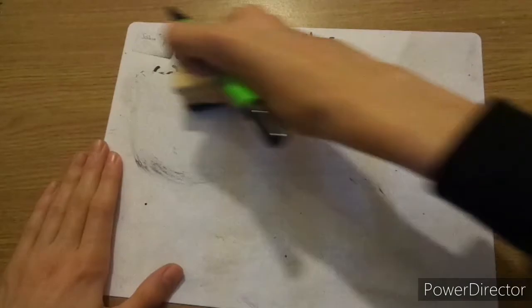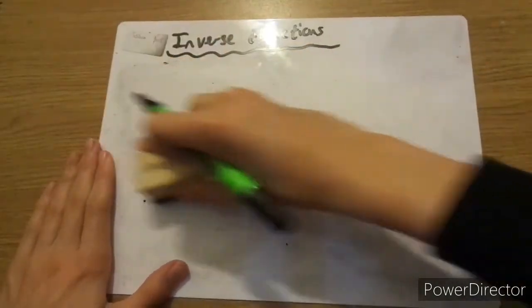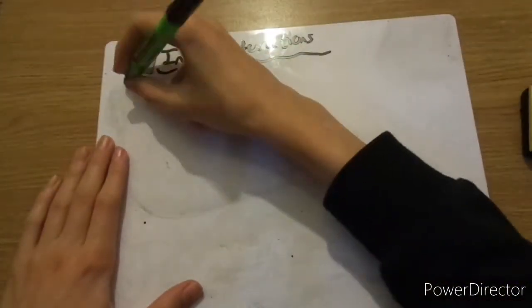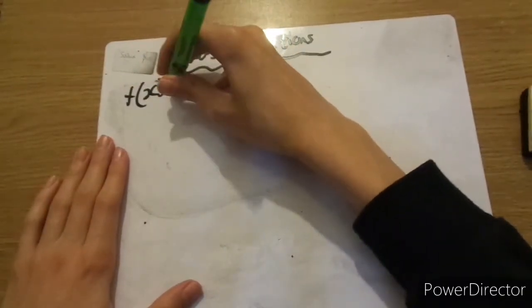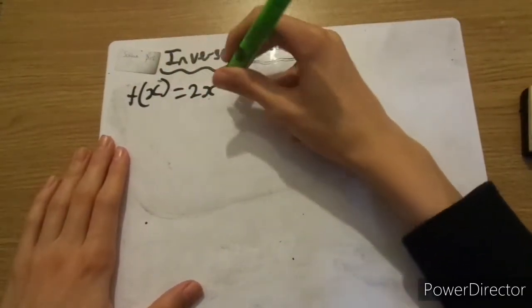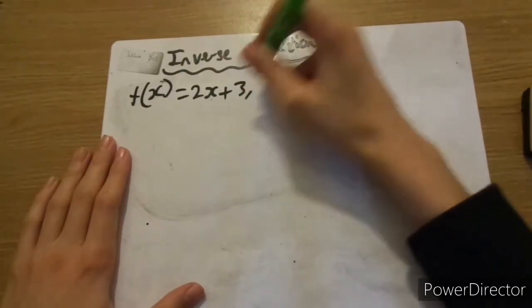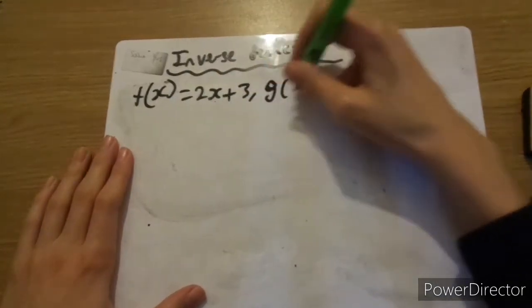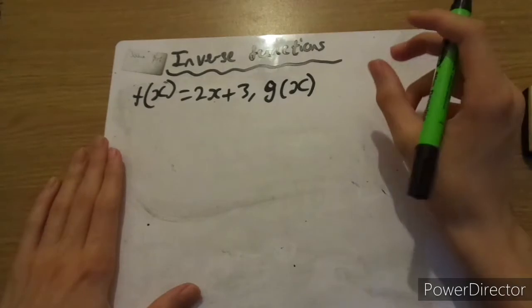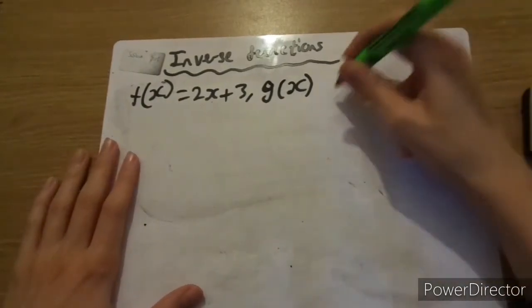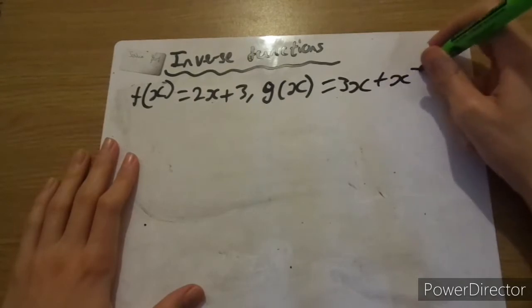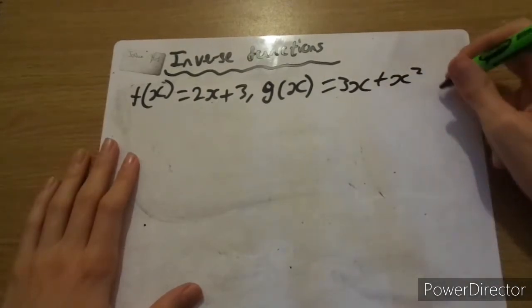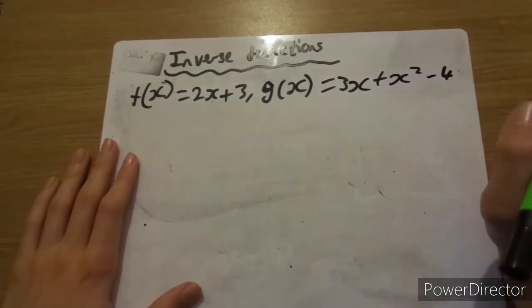There are also another few questions I need you to have a go at before I go through it. So I'll set up quickly. f(x) = 2x + 3, and g(x) = 3x + x² - 4.